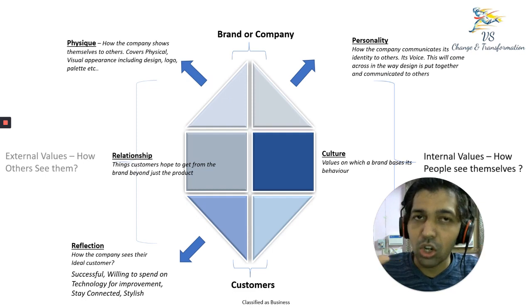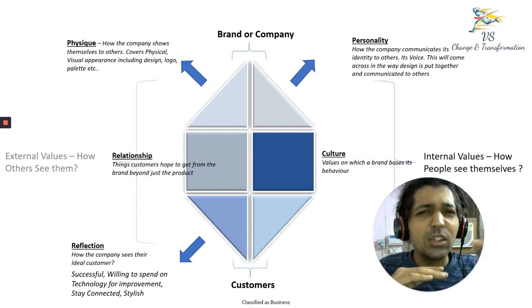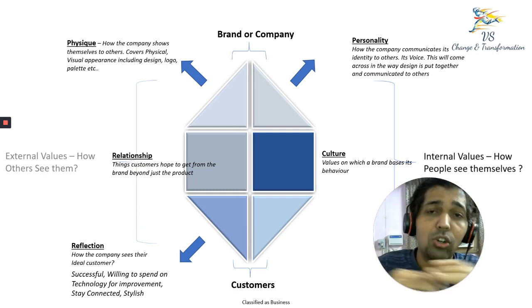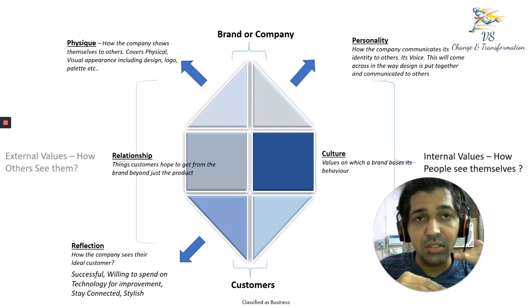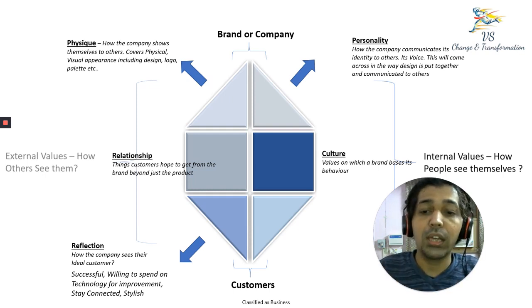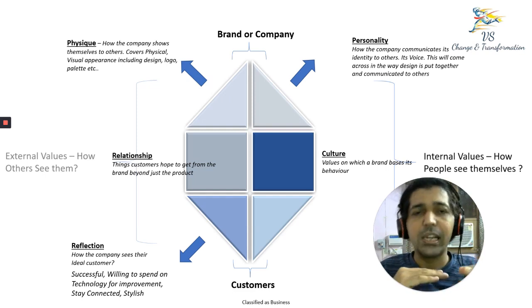They look for a niche audience whom they believe to be successful people, people who are willing to spend a little bit of money, probably on technology, on improvement, or people who are willing to invest in things which will increase their productivity or improve their way of working, and stylish people and people who strongly believe in technology.